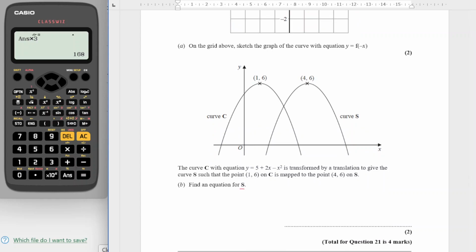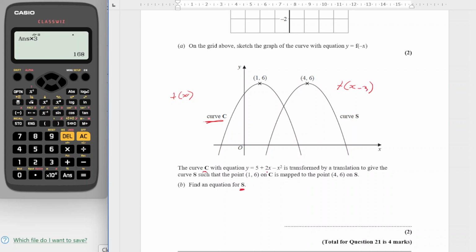Find the equation of S. So we've got a negative quadratic. Let me just check which one I've got. So this is C. So we know the equation of this. It's transformed to give the graph S such that all we've done is move it 3 in the y direction. So in effect, if this was a function of x, this would be a function of x minus 3.